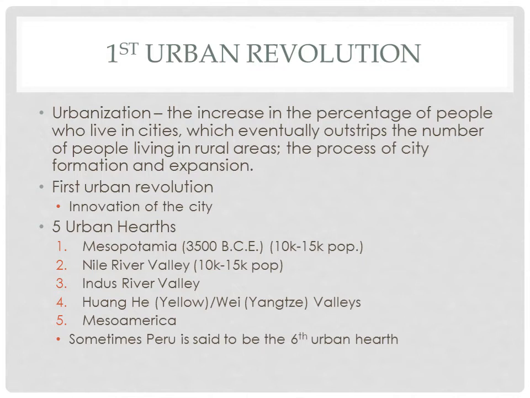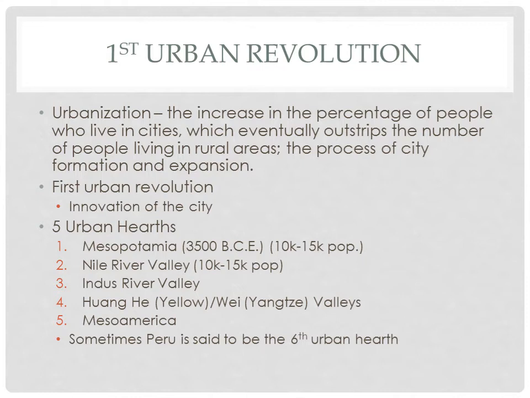In fact, just during the 2000s, our world has gone from a predominantly rural planet to a predominantly urban planet. We have now more people living in cities than ever before in human history. And you guys were alive for that.